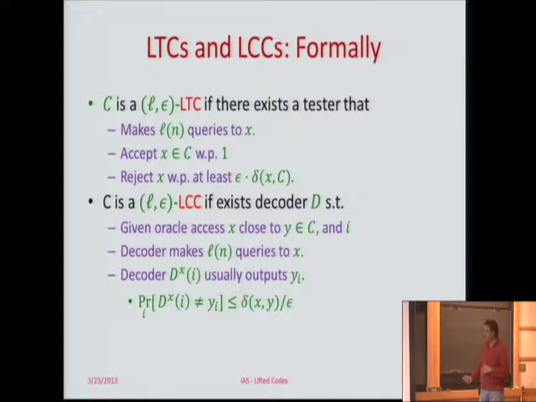And this algorithm D should make L of n queries to this vector x. It is given oracle access to x and the coordinate i where you want to compute y sub i, and it should be able to compute y sub i with high probability, and once again you are allowed to make some errors. So there is some probability with which you may output a decoding which is not y sub i, but that probability should be small.